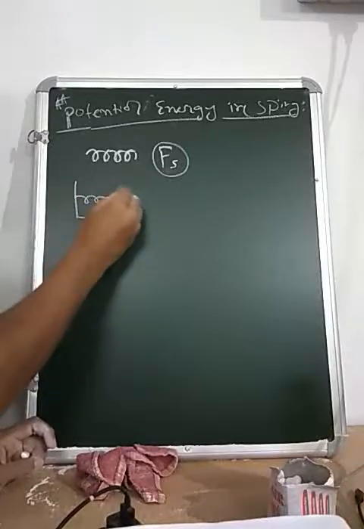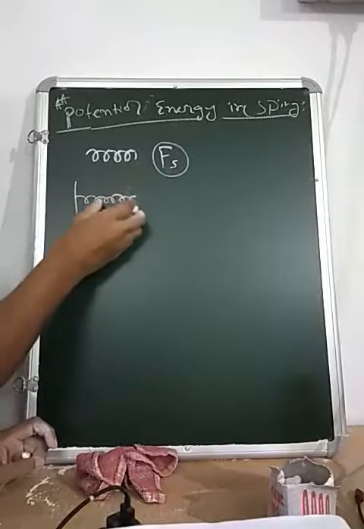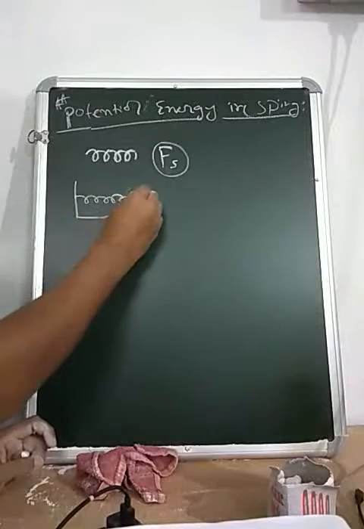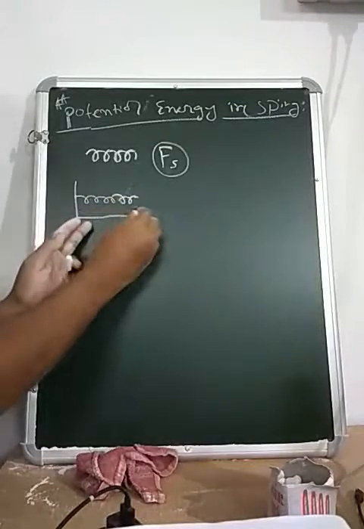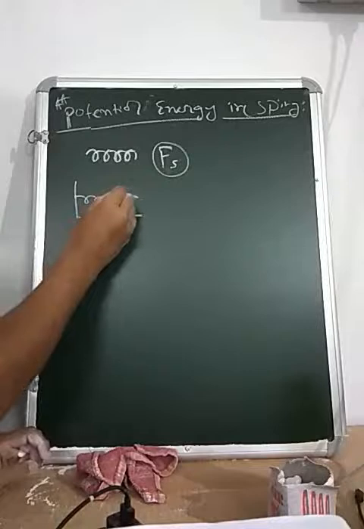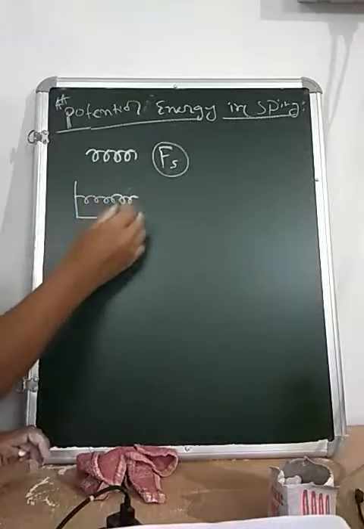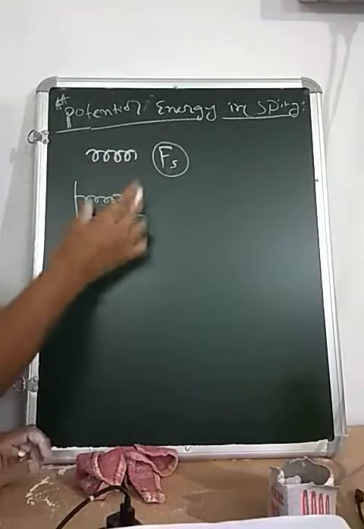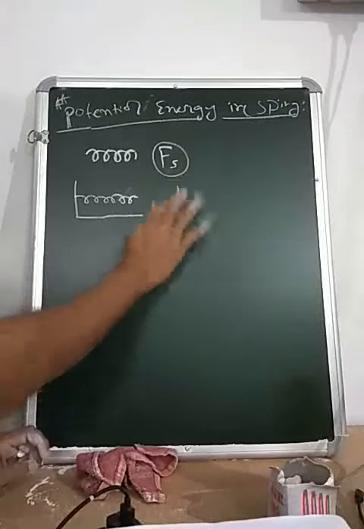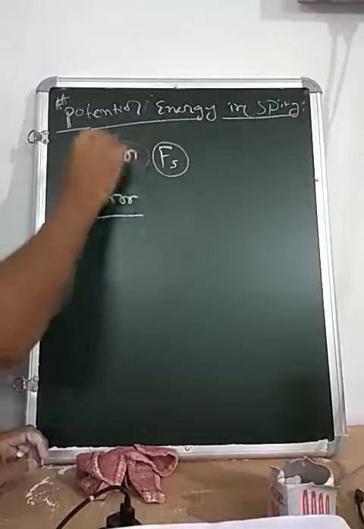In case of extension also, the spring opposes the external applied force. So it wants to remain in its normal form. The spring always wants to remain in its normal form.